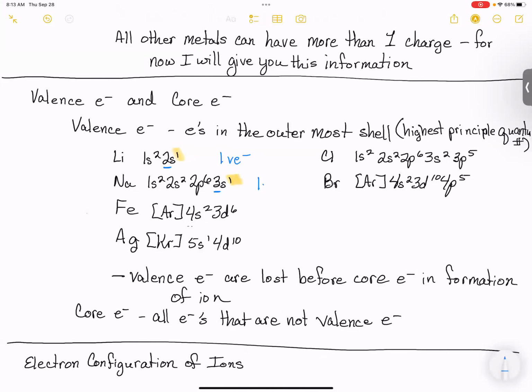So it too has 1 valence electron. Lithium and sodium behave the exact same way, folks, because they have the same number of valence electrons. They both form a +1 because they only have 1 valence electron.